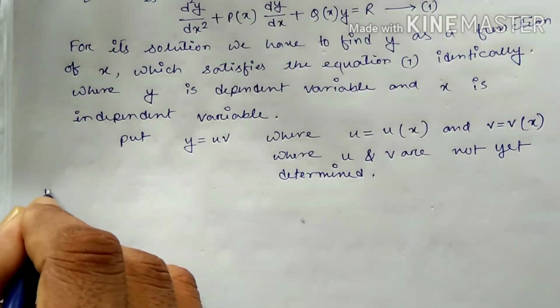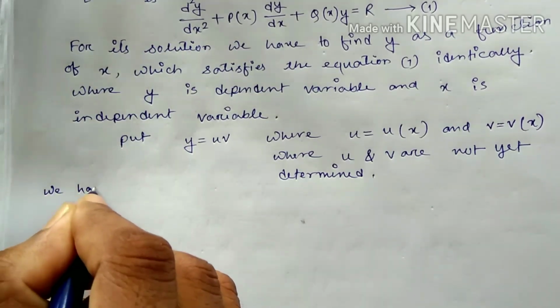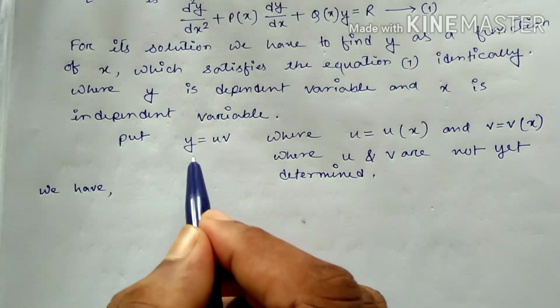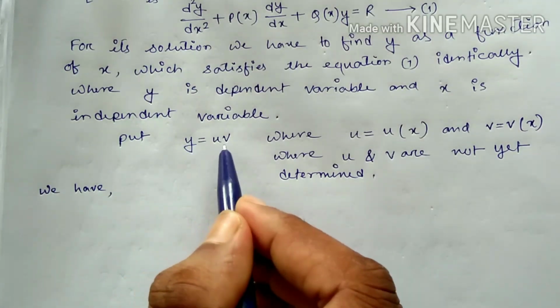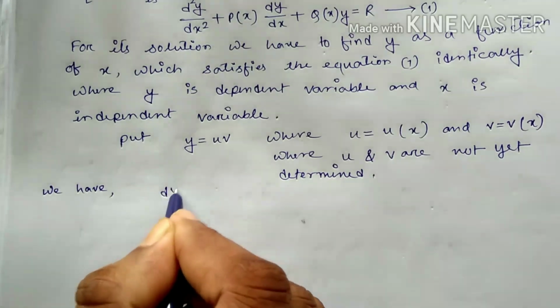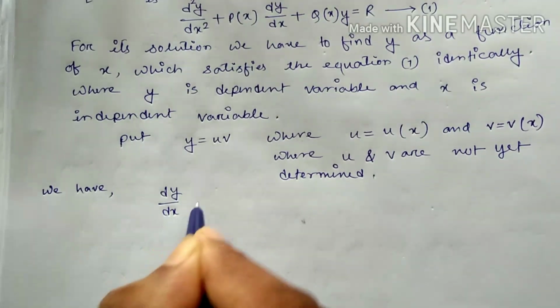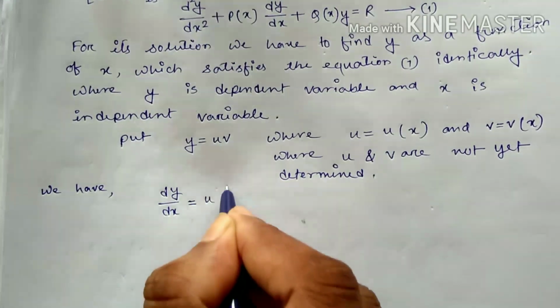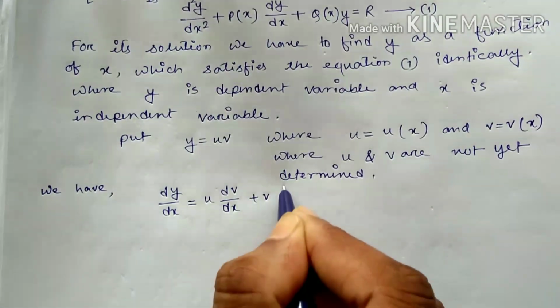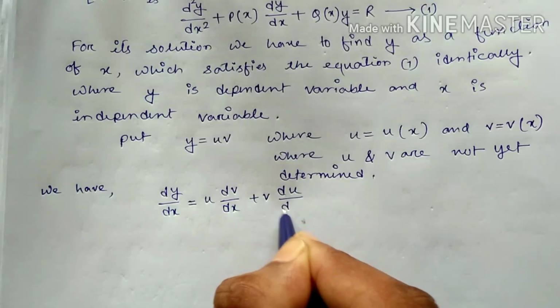Now we differentiate y is equal to uv on both sides. We have dy upon dx is equal to u into dv upon dx plus v into du upon dx.